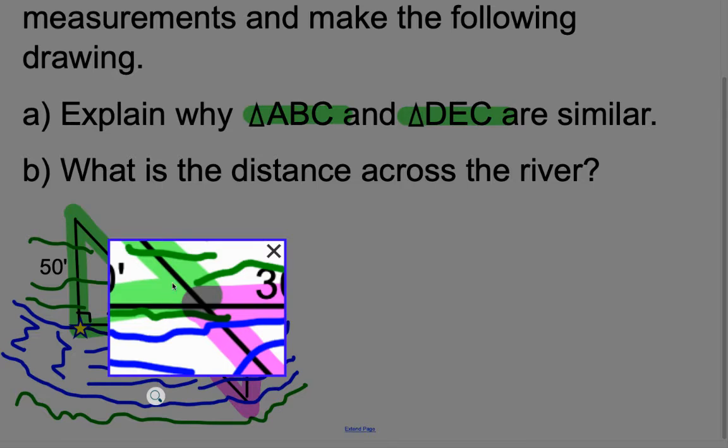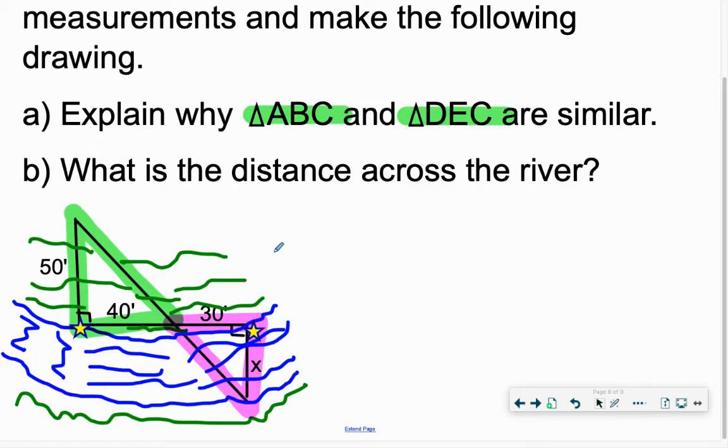More importantly, if I told you that this side was 30 degrees, this side would also be 30 degrees. Because these are vertical angles, we now know that they as well are congruent.